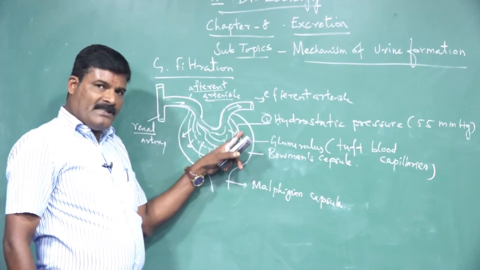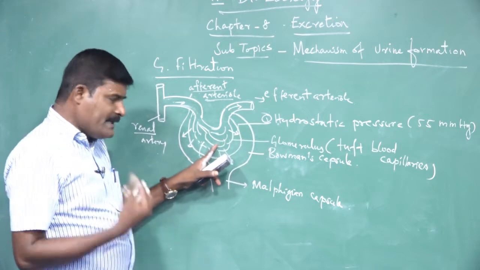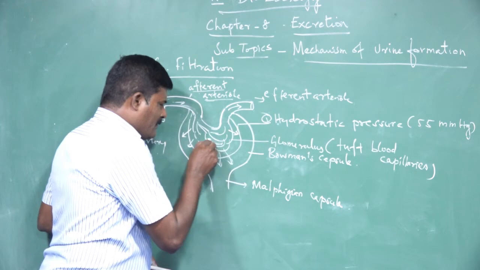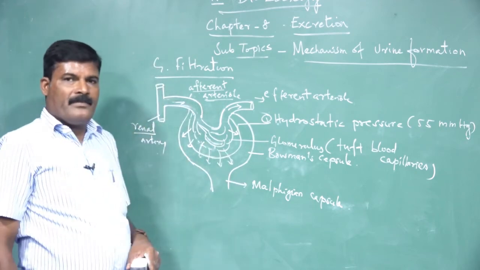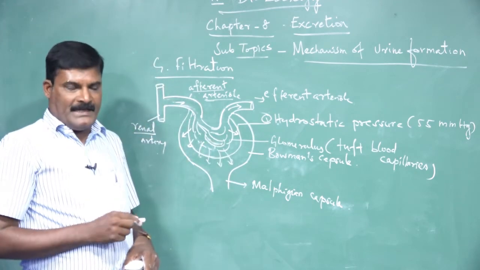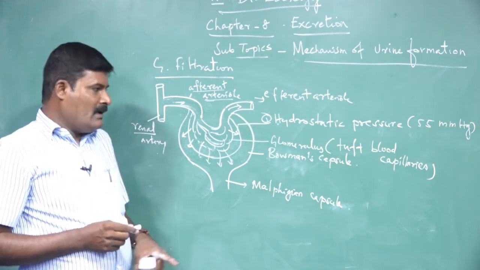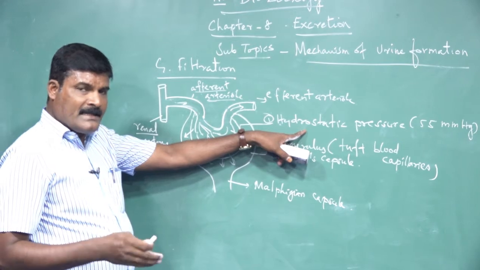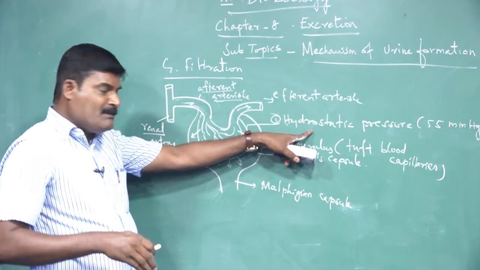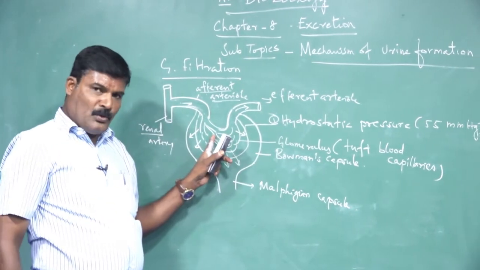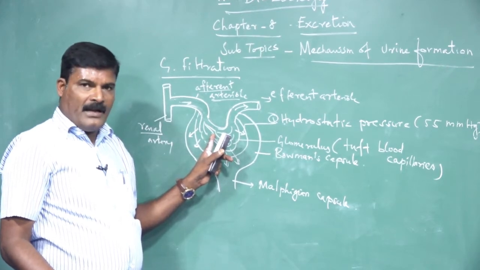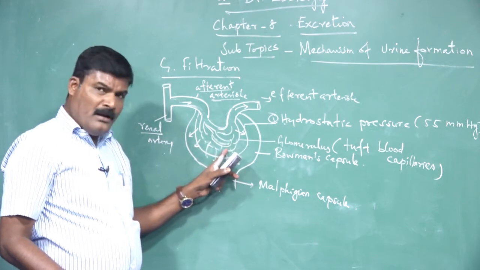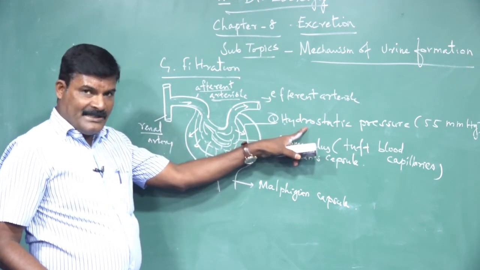This hydrostatic pressure is always greater than the opposing pressure. The opposing pressure is created by the plasma proteins in the capillaries. Albumin is one kind of plasma protein, and globulin is another. So these plasma proteins oppose the hydrostatic pressure.